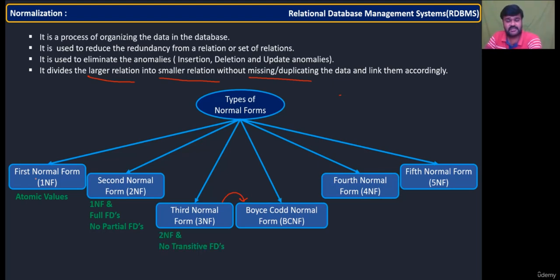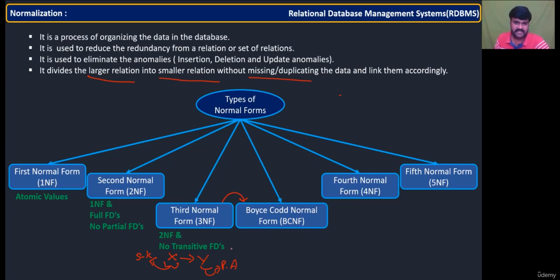When it comes to third normal form, very importantly, it must be in second normal form and have no transitive FDs. For every FD, the LHS part must be a super key or the RHS part must be a prime attribute.